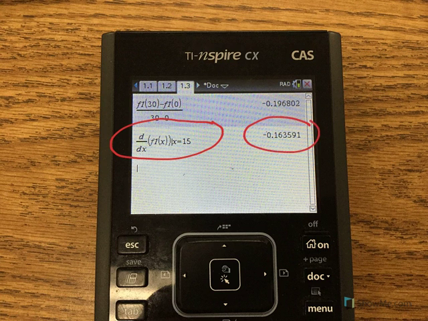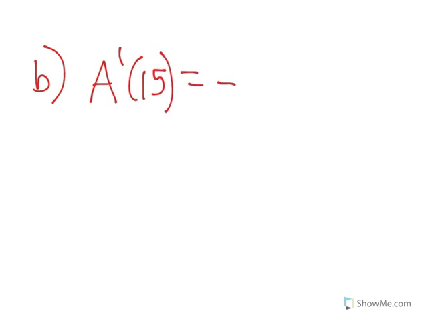I'm going to round that to the nearest thousandths. So for part B, A prime of 15 is equal to negative 0.164. It asks for units of measure, so if A was in pounds, this is once again in pounds per day.